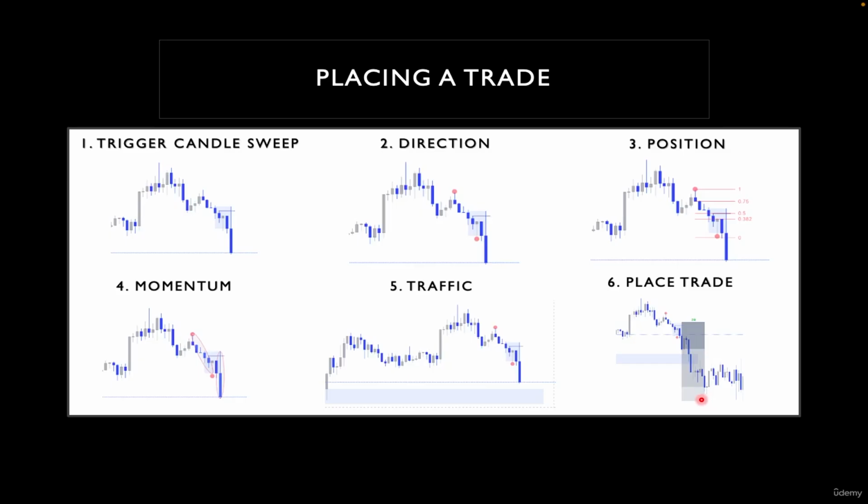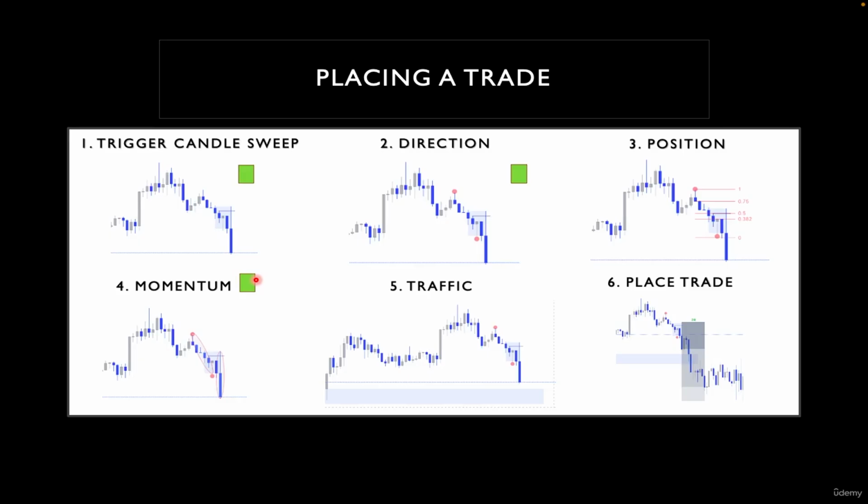But one more point before I move on is that you're not always going to get perfect trades. So if you're going to prioritize any of these steps over the others, it would be these for me. And this is based on my backtesting results. So trigger candle sweep, obviously, because that's our entry. Direction and momentum, strength of the move.